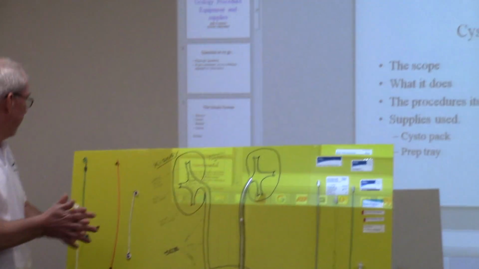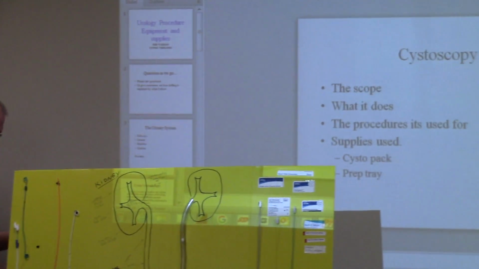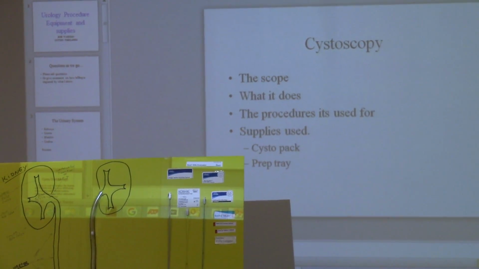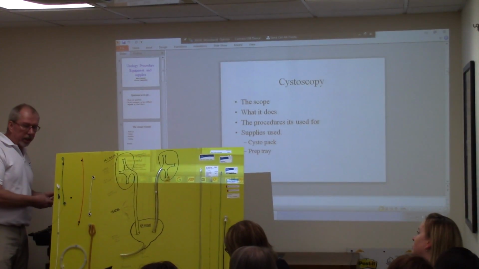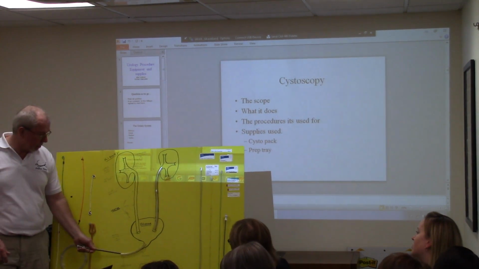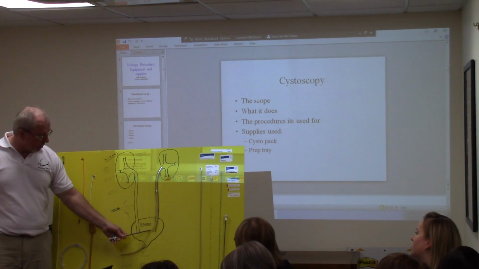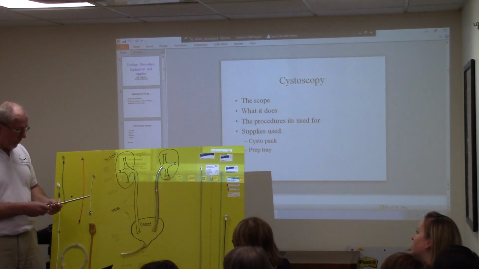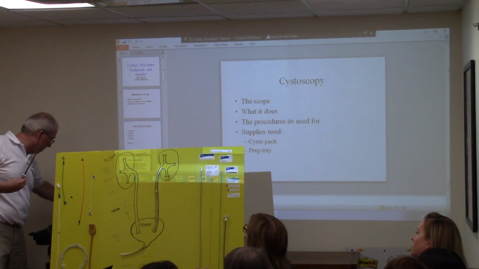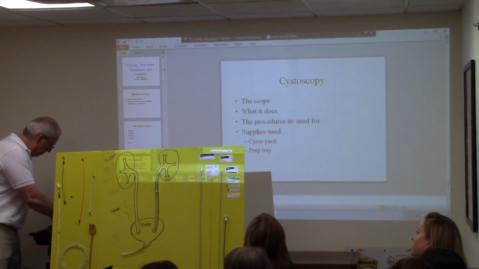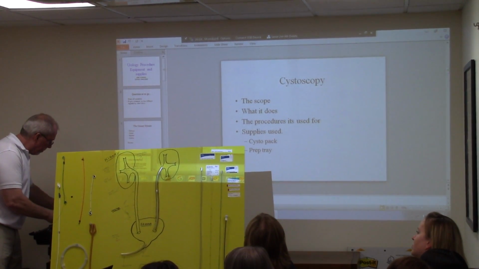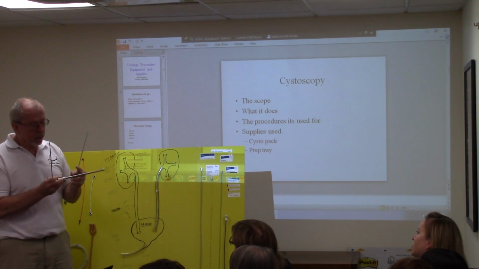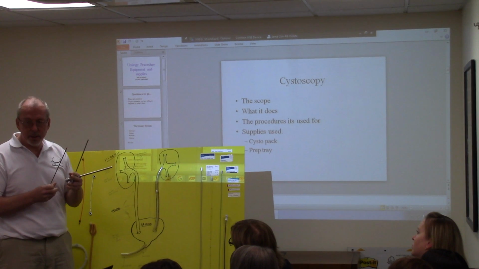Okay, cystoscopy. Our basic procedure is the cysto-ureteroscopy, which is just a way to look into the bladder. You're basically just going in the urethra, examining the bladder, and this is the basic scope that we use. Parts are, this section goes into the urethra, of course.